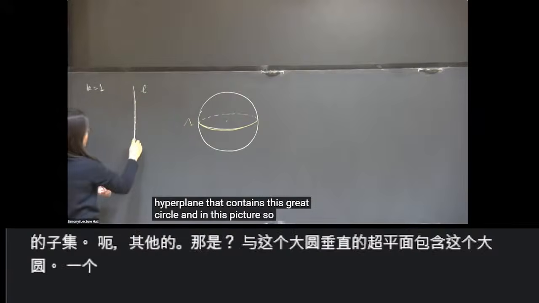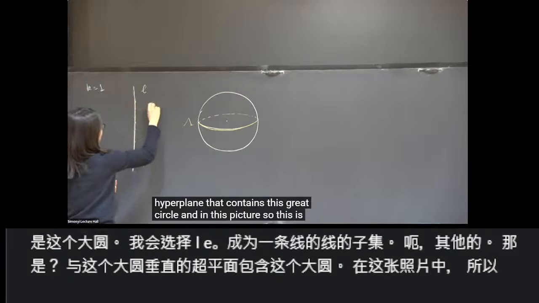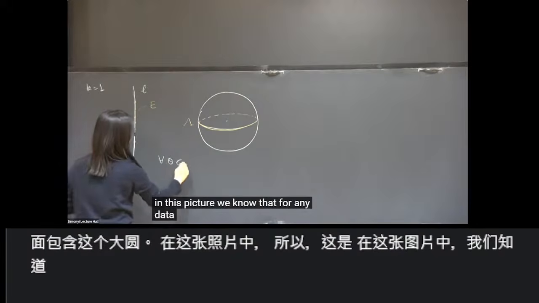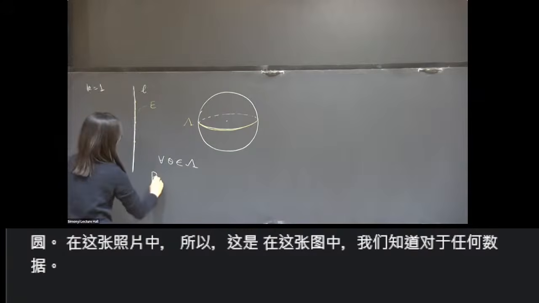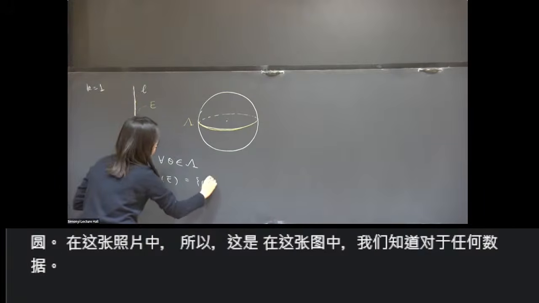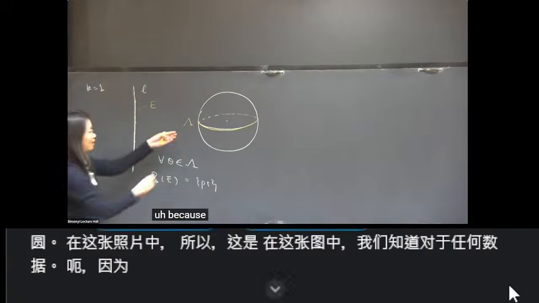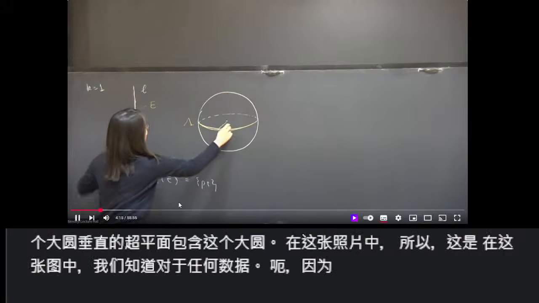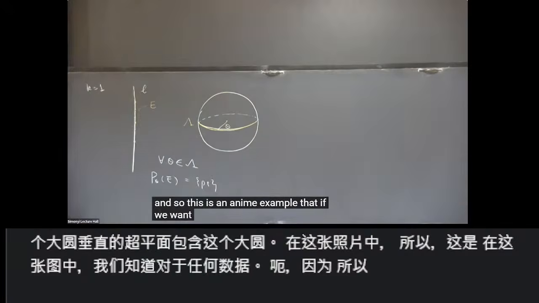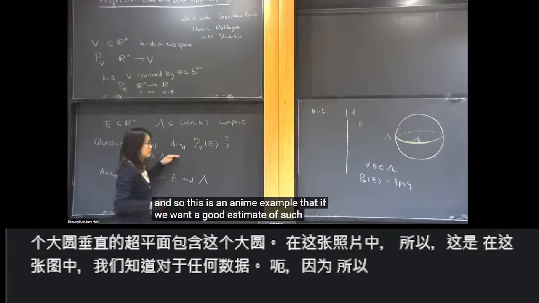In this picture, this is our E. We know that for any theta in Lambda, P_theta of E is just a point, because they are orthogonal. So this is an enemy example that if we want a good estimate, we want to avoid.